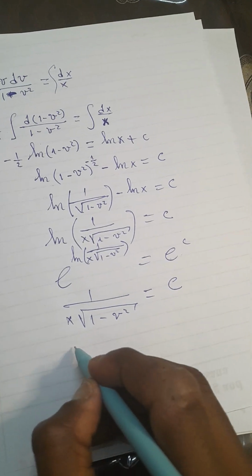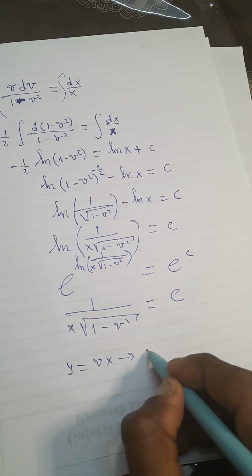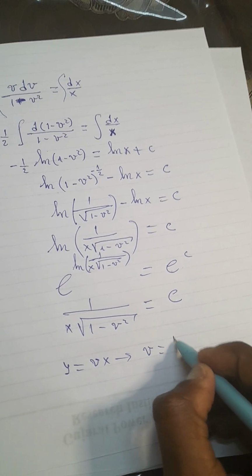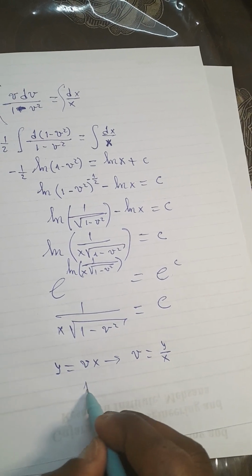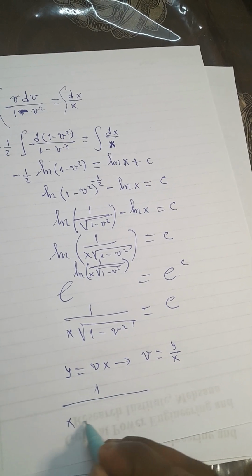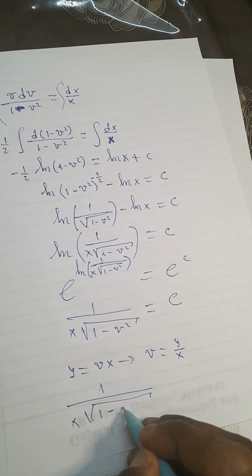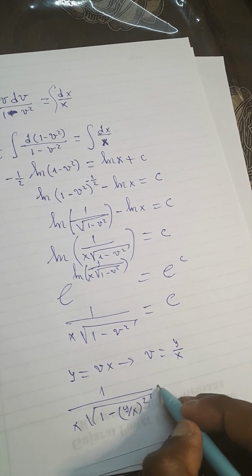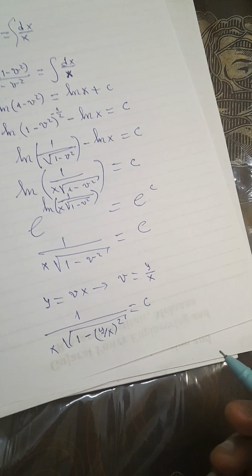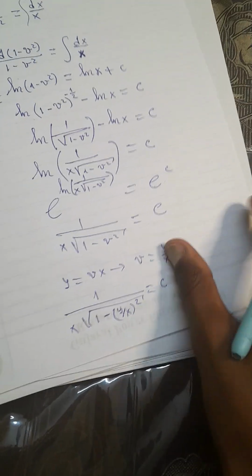Now just substitute. We said that y is equal to vx. What is v now? v will be y by x. Then substitute there. You will get 1 upon x root of 1 minus y by x squared equal to c. If you feel like it, you can also simplify this expression.